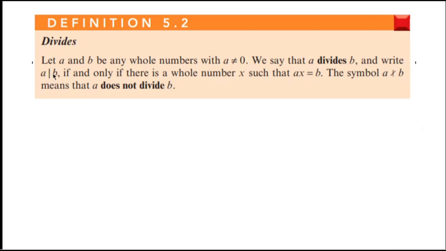So, A divides B if and only if there is a whole number x such that AX is equal to B. So, the symbol A not divides B means A does not divide B.